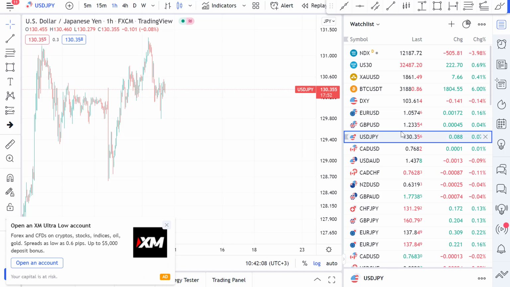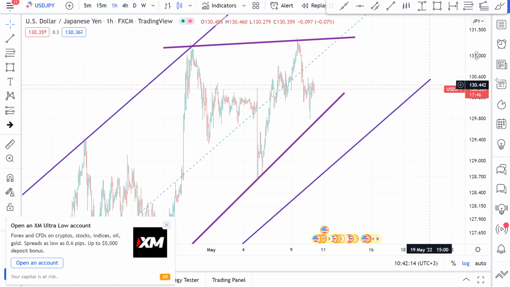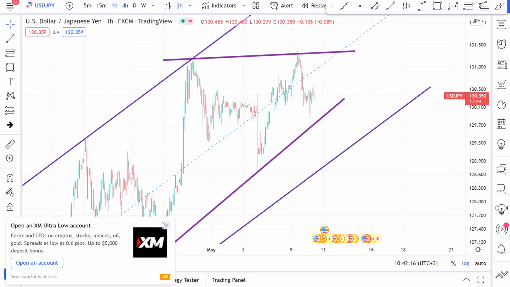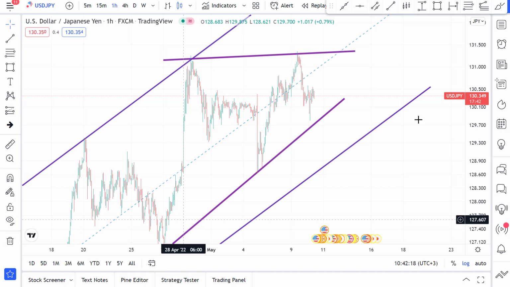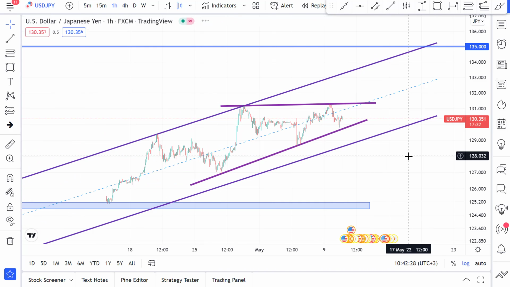For JPY, the Japanese yen, we have these two lines, and they have made a wedge. As you can see, the price is moving between these two lines, and the whole process is in the channel.